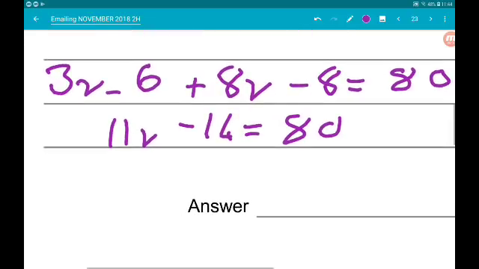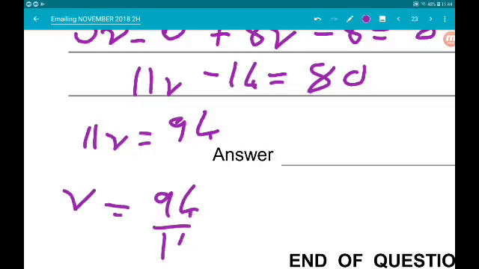Add 14, 11v is equal to 94. And then finally, they don't even give us a nice answer. v is 94 over 11, which is 8.5 meters per second.